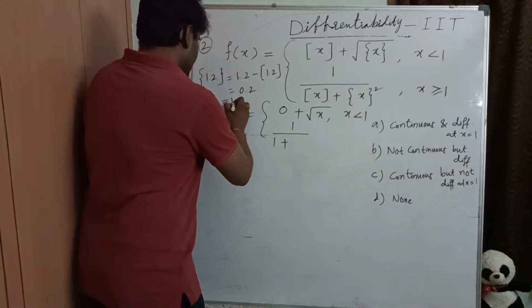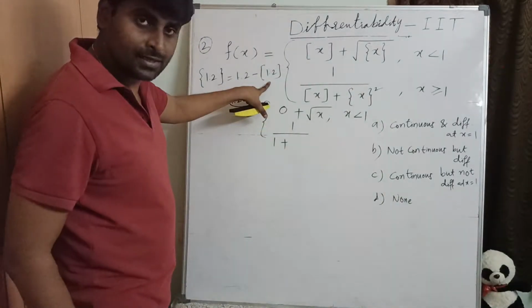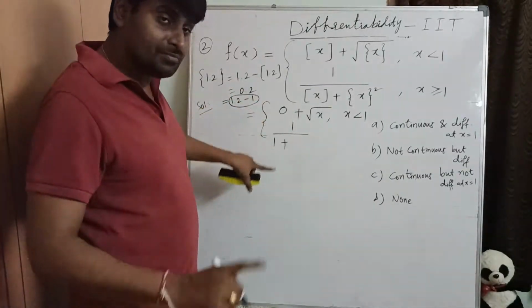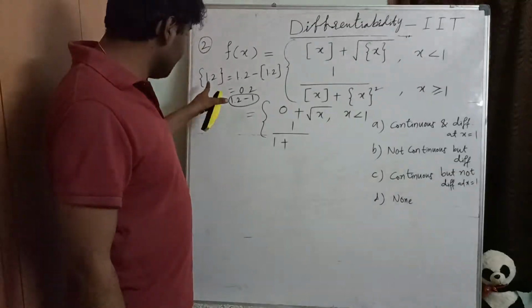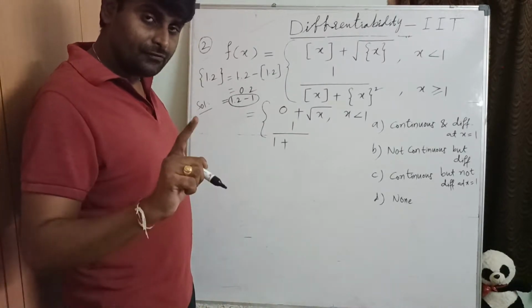So if you substitute 2 point something, it is minus 2, if you substitute 3 point something, minus 3, like that for fractional part function.